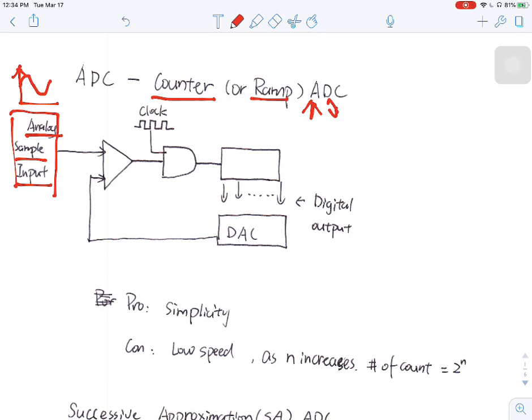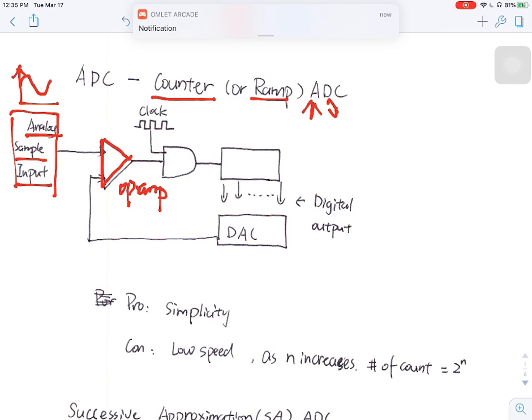Those analog signals go through a component that looks like a triangle. Remember what this component is called? Can someone comment on the chat to tell me the name of this component? Yeah, op-amp. Exactly. This is an op-amp.